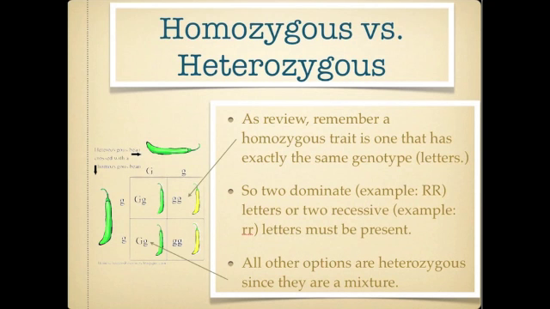So homozygous is the same, and heterozygous is different. It's a mixture. You can see that here. Homozygous would be the yellow bean plant because they're both lowercase g, whereas the green bean plant is heterozygous.